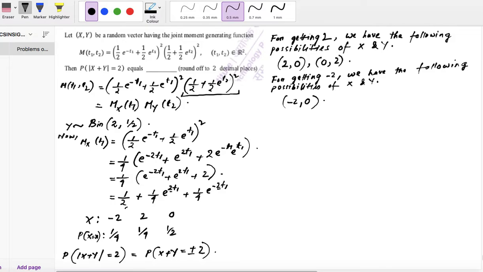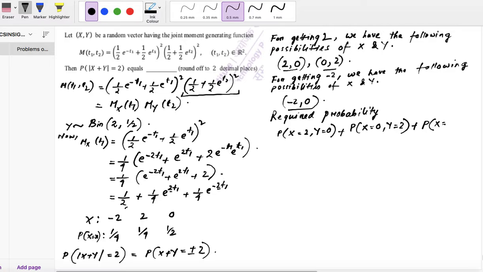Now the required probability is that of X equals 2, Y equals 0, either this one or this one or this one. What do we get?